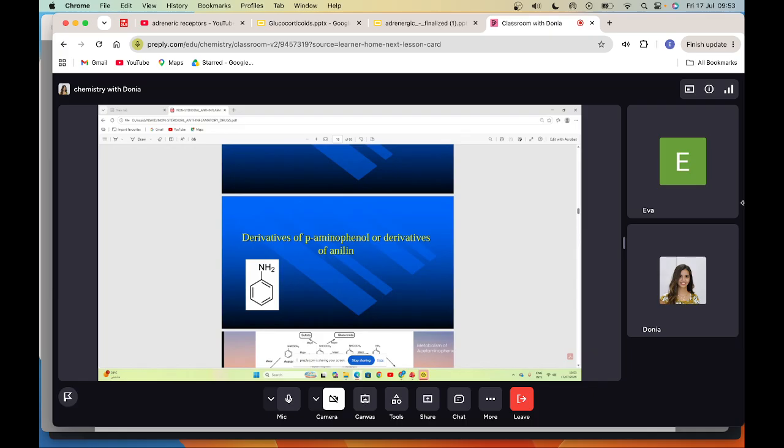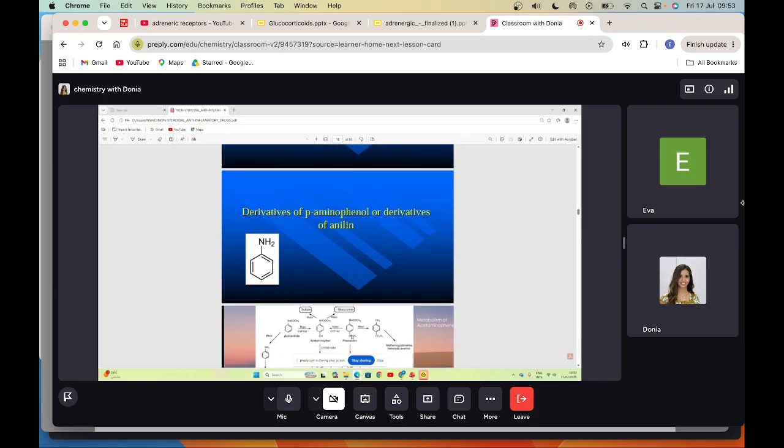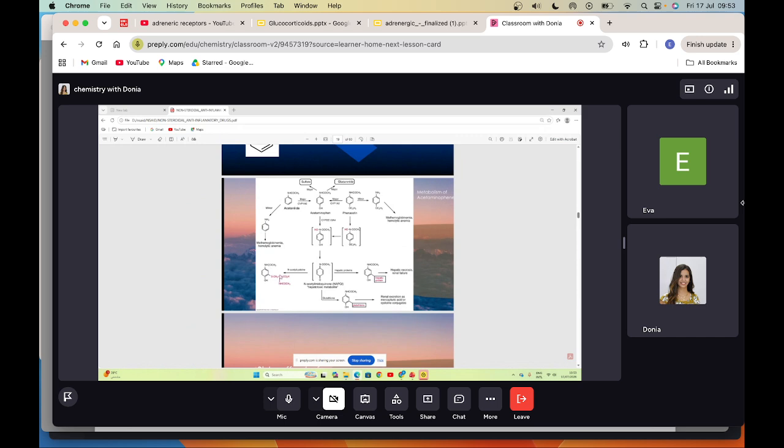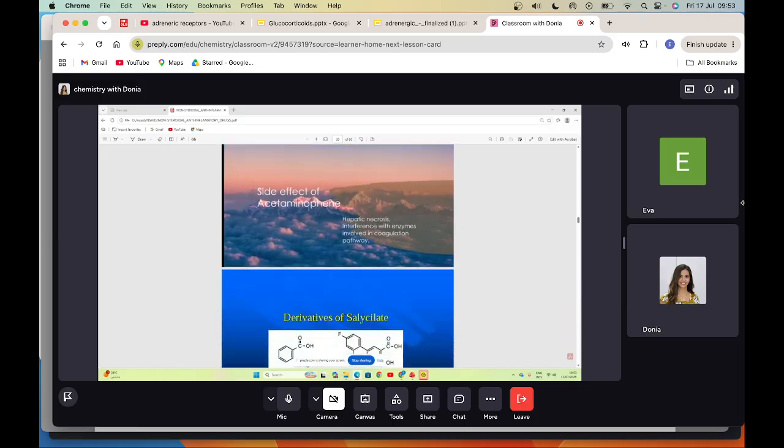This is aniline, or para-aminophenol, which is NH2, and here it's going to be OH. This is the metabolism of acetaminophen mainly, which is paracetamol. They say that acetaminophen causes hepatic necrosis. It's hepatotoxic, as we said before. It also states that it interferes with enzymes involved in the coagulation pathway.